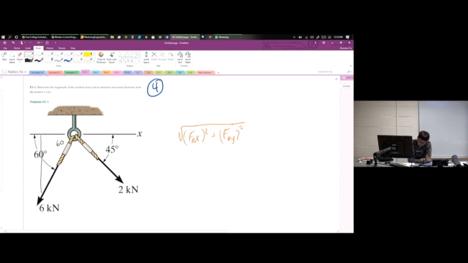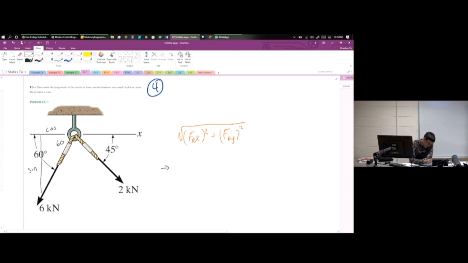So for the x direction, this would be the cosine, and then this one would be the sine. So it is important you use the right cosine and sine ones. If you do it backwards, you get the entirely wrong answer.